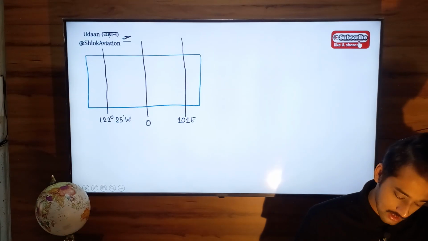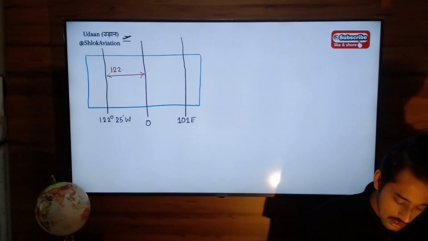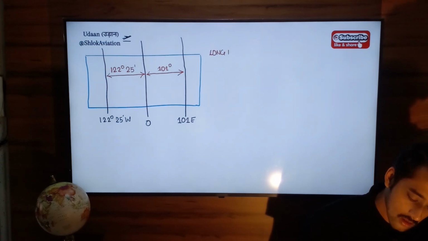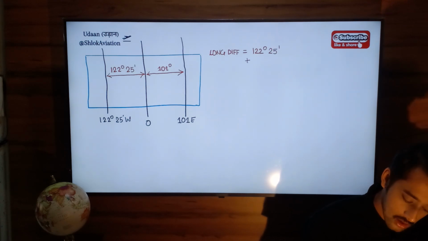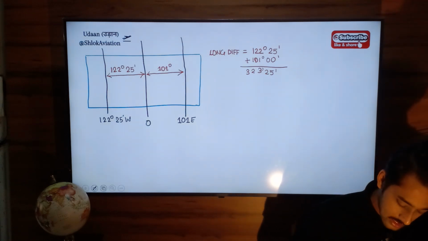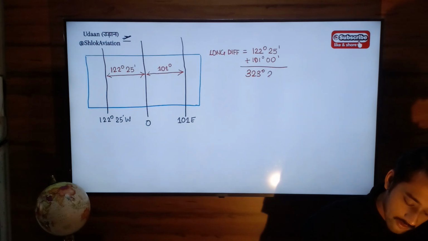The longitudes are 122 degrees 25 minutes and 101 degrees, so the total longitudinal difference is 122 degrees 25 minutes plus 101 degrees 0 minutes, so the answer is 323 degrees 25 minutes.